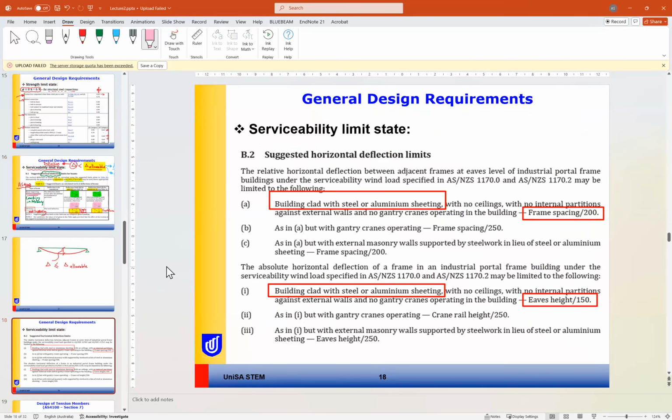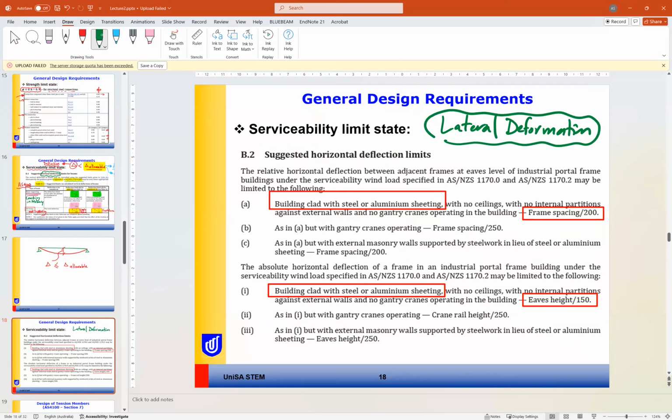The other type of deflection we may have in our structure is the lateral deformation or lateral deflection. So the standard also gives us limits for the horizontal deflection. We have two criteria for the limits.